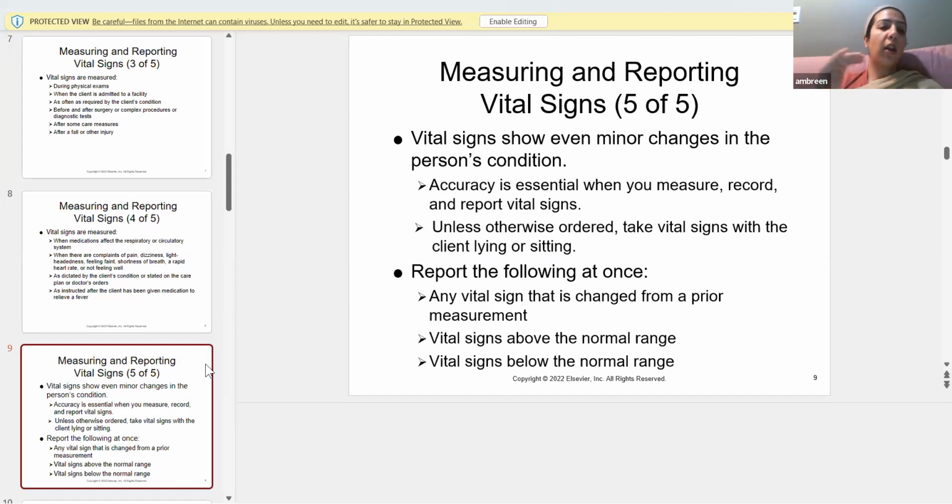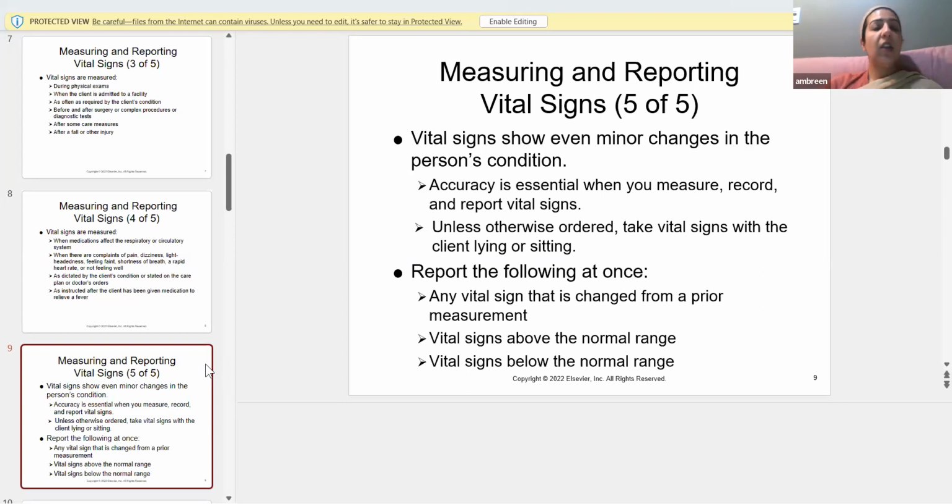If I'm walking, or you walked me up to the bathroom and brought me back, I am an elderly, my heart will have to work much more than when I was at rest. A blood pressure reading while at rest would be different than the blood pressure reading while you walked me up to the bathroom and brought me back to the bed. So it is important as well to know whether the person is standing, resting, and when it has been taken.